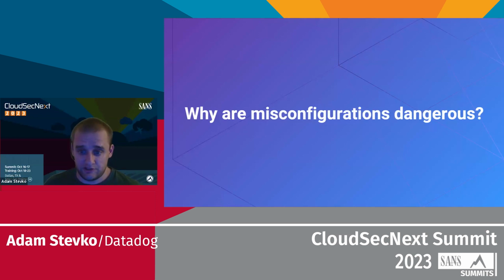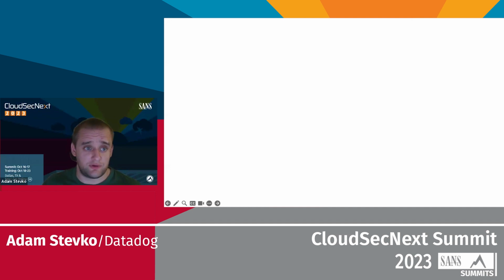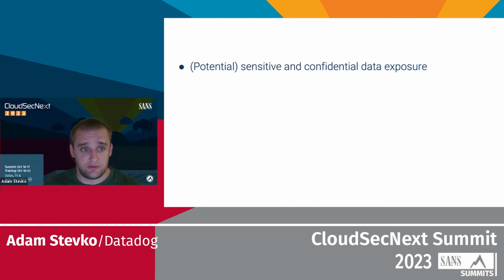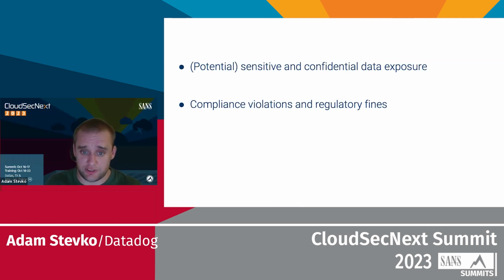Why are these misconfigurations actually dangerous? Imagine that you are working for a company that is dealing with the health data of customers, and suddenly this data appears on the internet, and you are facing a sensitive and confidential data leak. Sooner or later, somebody will notice, and this will result in compliance violations, and regulatory authorities might come in and issue fines.